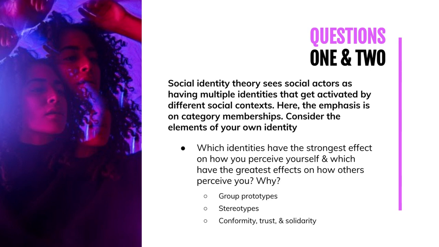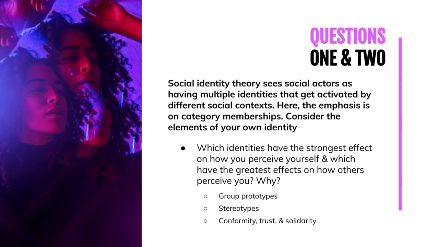And so, when thinking about which ones have the strongest effect on how others perceive you and how you perceive yourself, you can think about how you evaluate yourself, the criteria you use, and if you're constantly measuring yourself in relation to certain criteria, what identities are those associated with? In what ways are people treating you in a more stereotypical way?